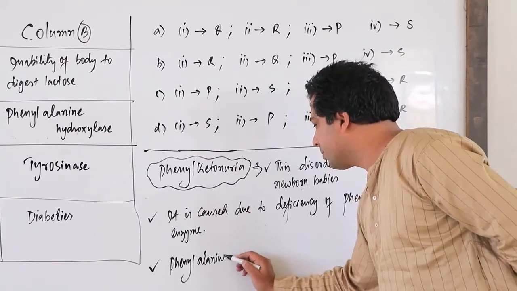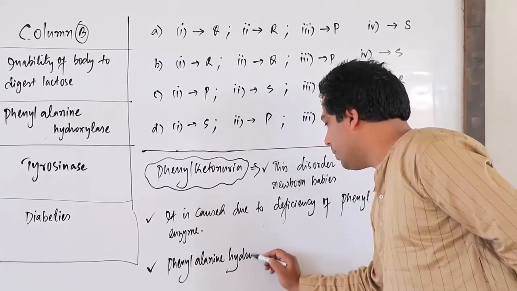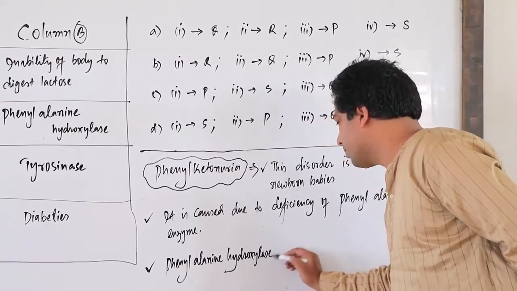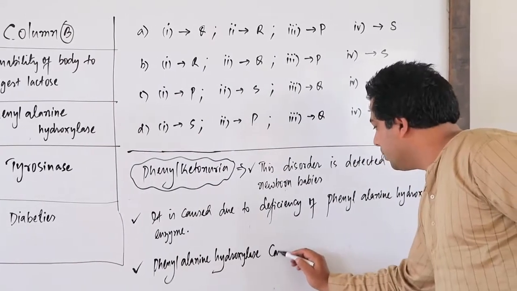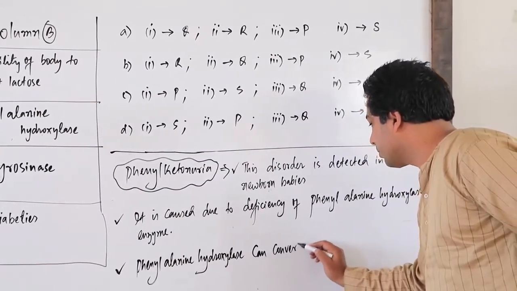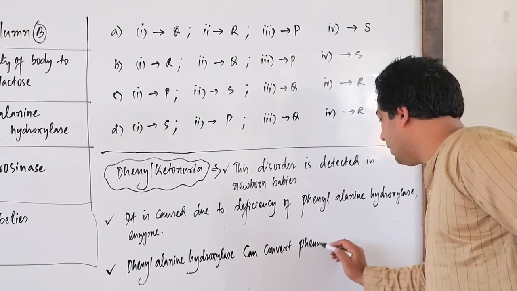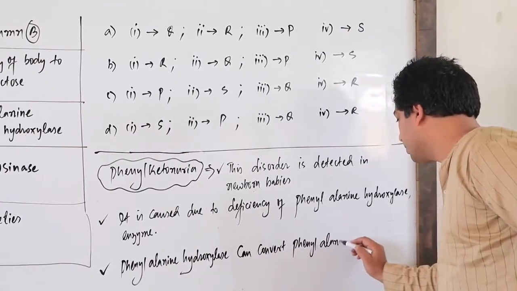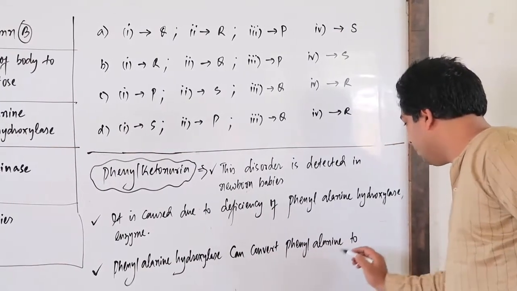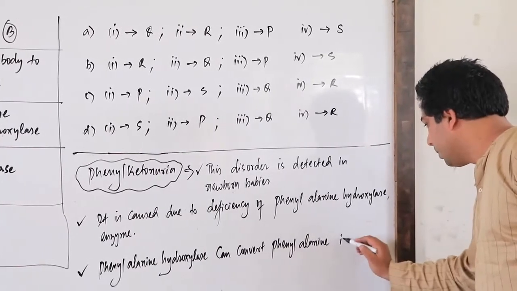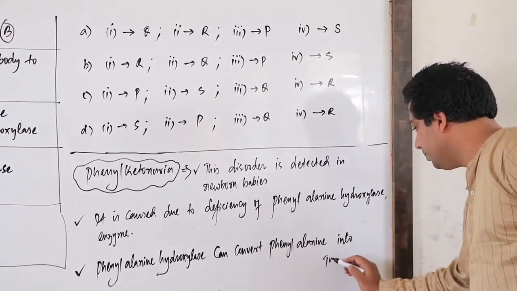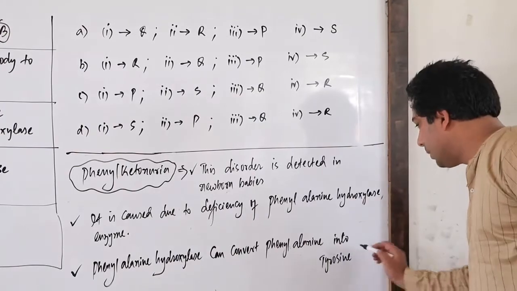Phenylalanine hydroxylase can convert phenylalanine into tyrosine.